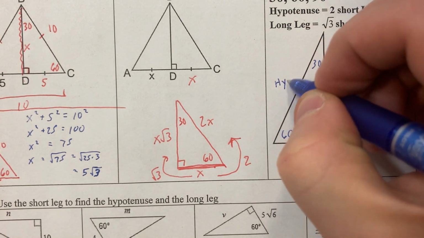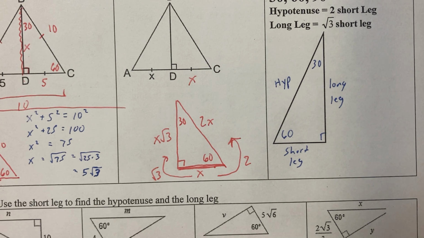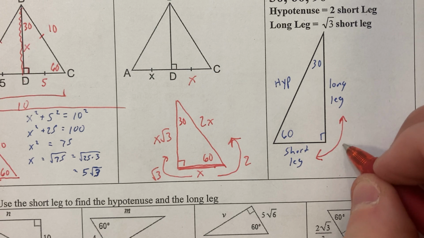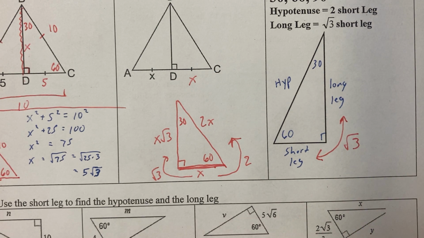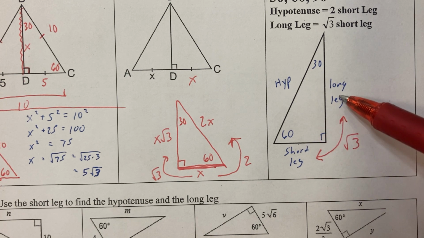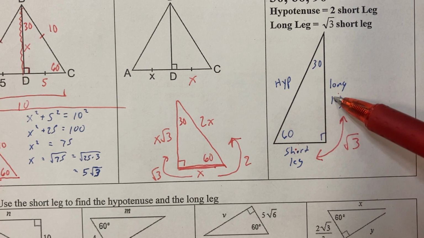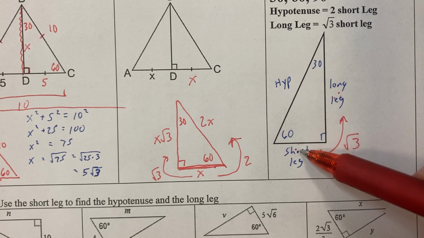This is your hypotenuse. These two right here are related with root 3. So you either divide or multiply. If I'm going from here to here, I multiply. If I'm going from here to here, I divide. If I want to take a short leg and make it bigger, I multiply. If I want to take a long leg and make it shorter, I divide.